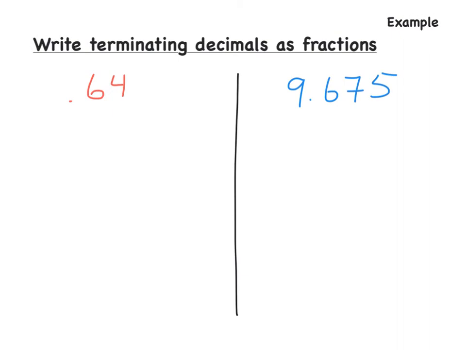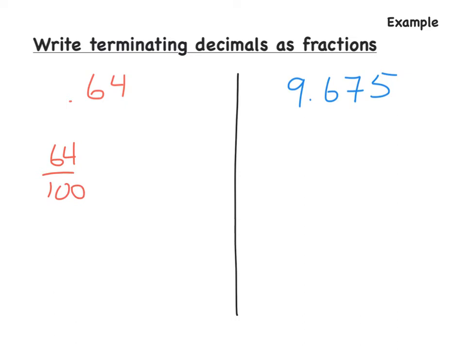So now we're going to write some terminating decimals as fractions. This is where it helps to know the place value of the decimal that you're working with. So this first one that we have is 64 hundredths. If this is the hundredths section, we can rewrite it as 64 over 100.